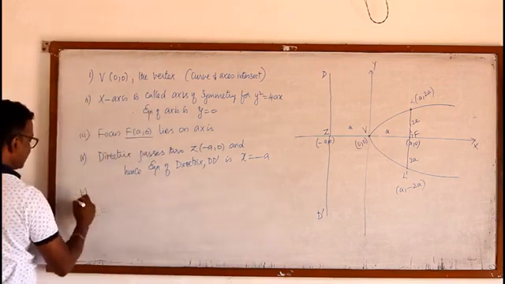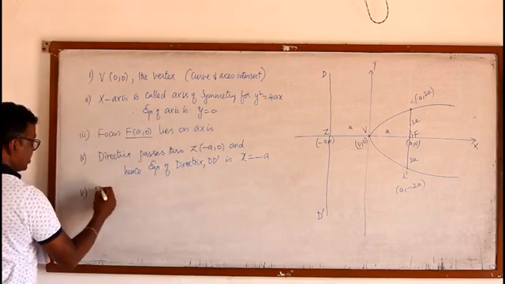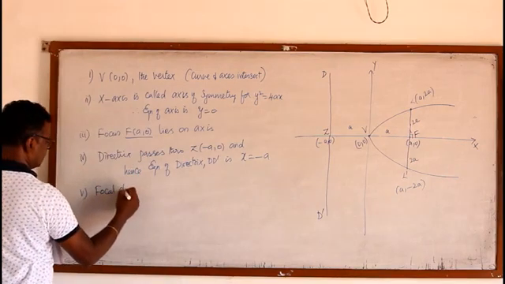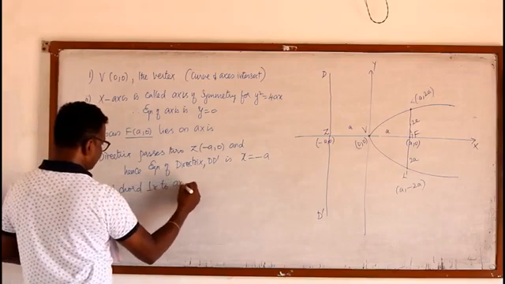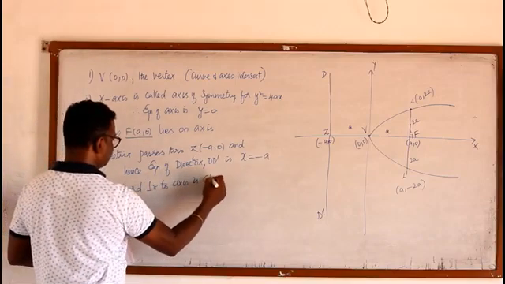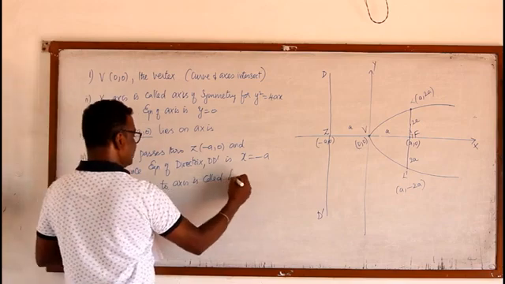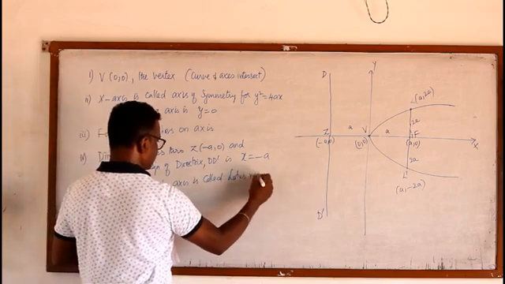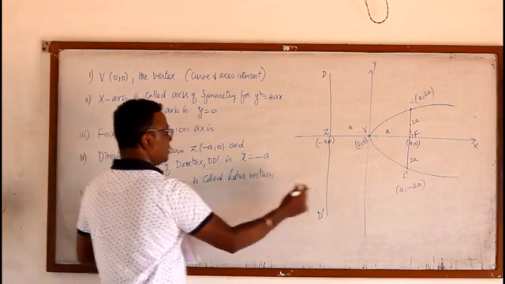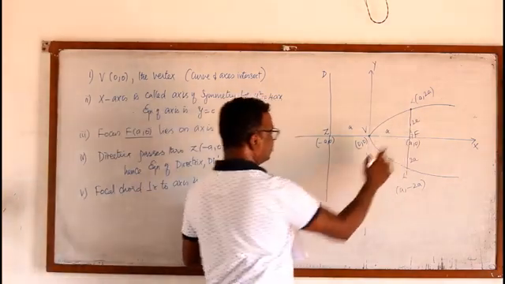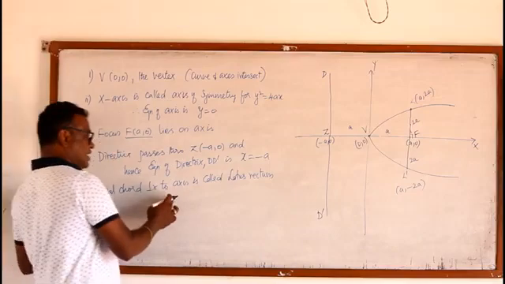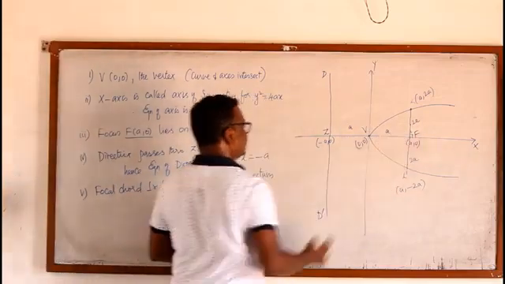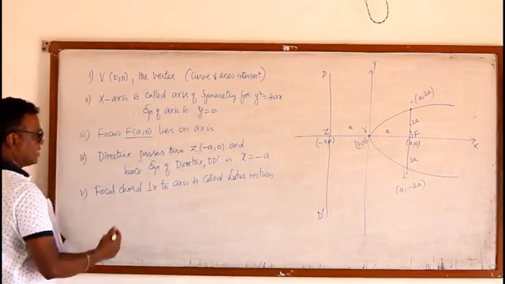Then the fifth one, focal chord perpendicular to axis is called latus rectum. This is the chord passing through the focus, hence it is called focal chord, and that focal chord is again perpendicular to the axis, and hence it is called latus rectum.